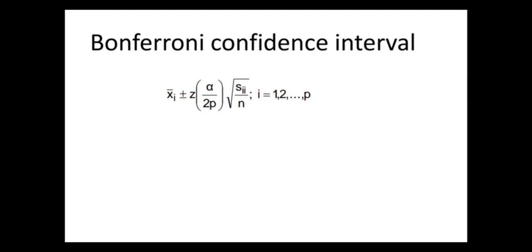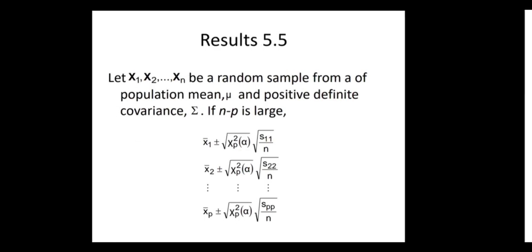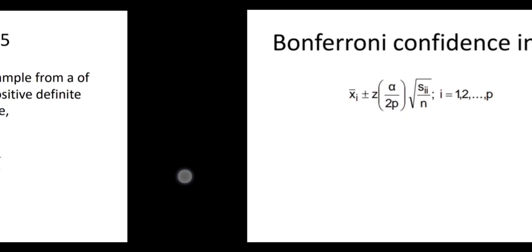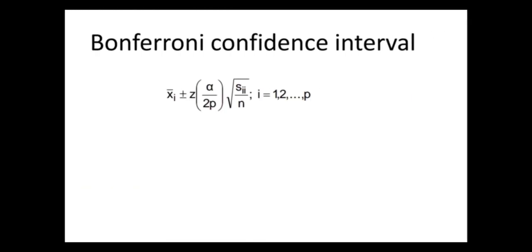Same here when we are dealing with the large sample size, we will use this formula or the Bonferroni confidence interval, where we replace the square root of the value from the chi-square distribution with the value from the standard normal distribution table, which is z alpha over 2p. The others are the same: here X bar, here is the variance for the corresponding variables.